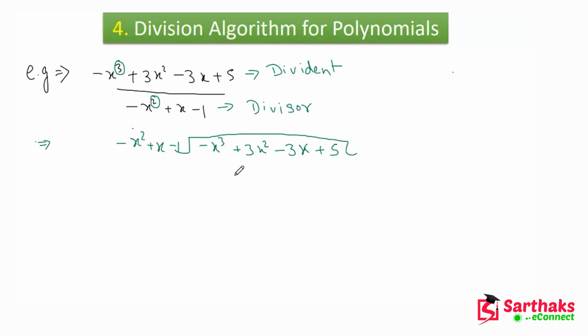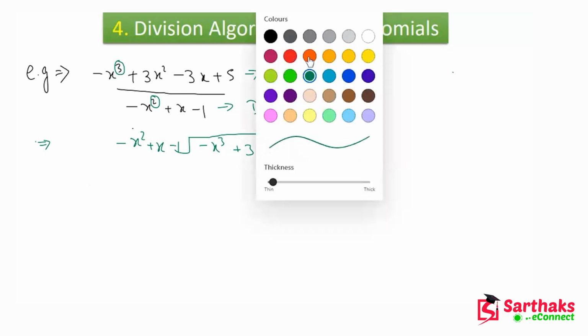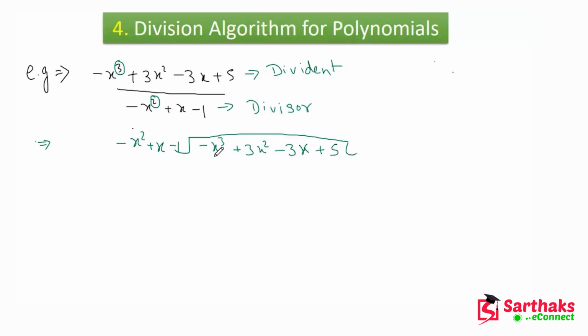First of all, we have to divide the first term of the dividend by the first term of the divisor. If you divide minus x cube by minus x square, what do we get? We get simply x. So this x comes in the quotient part.